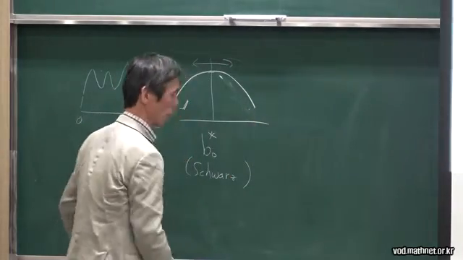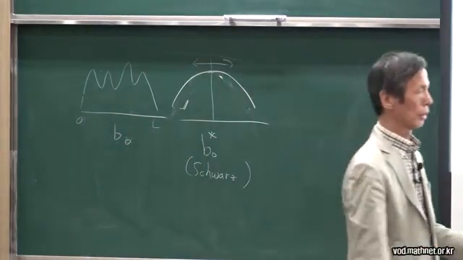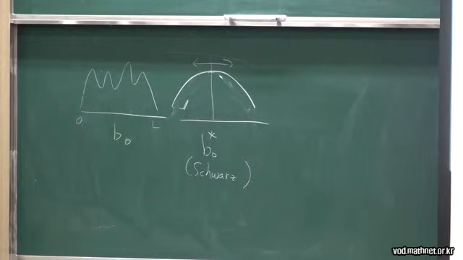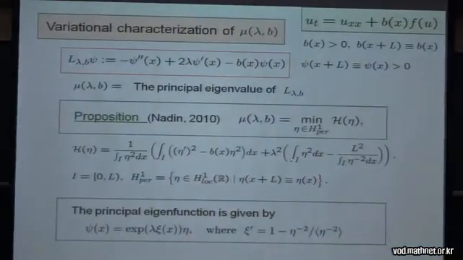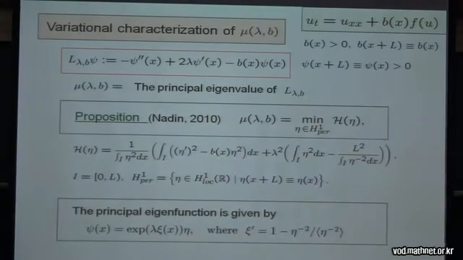This gives the maximum speed. Why? Because if you look at this part, it doesn't change by varying B. Only this part changes.